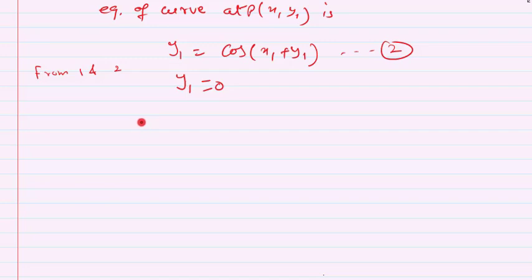We have sin(x1 + y1) = 1, and the range for x1, because we are talking about the point P, is minus 2 pi less than or equal to x1 less than or equal to 2 pi. So we need to calculate the value of x1, with y1 being 0 here, such that this remains in the range minus 2 pi to 2 pi.